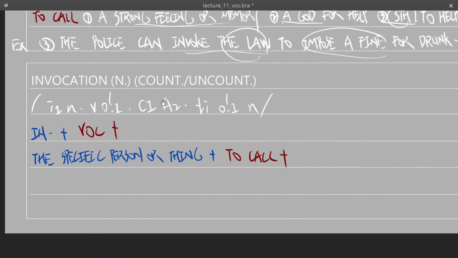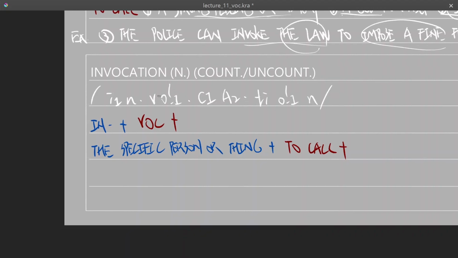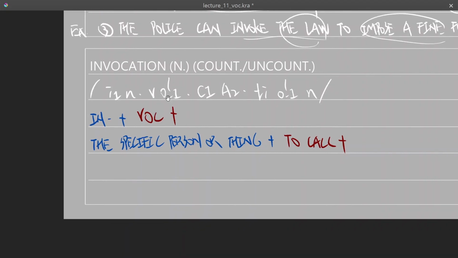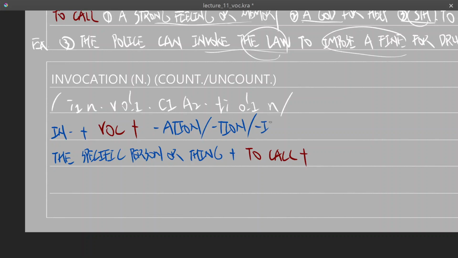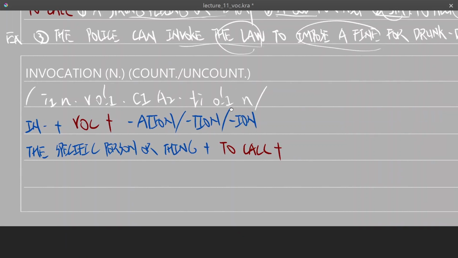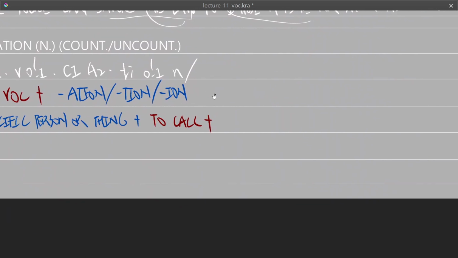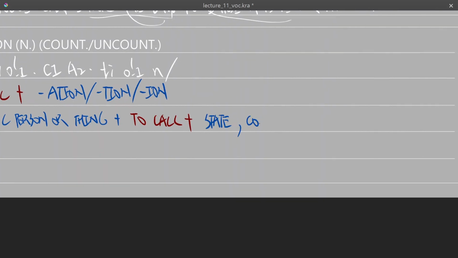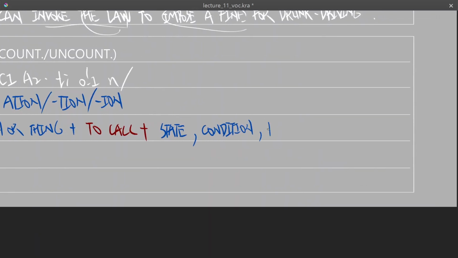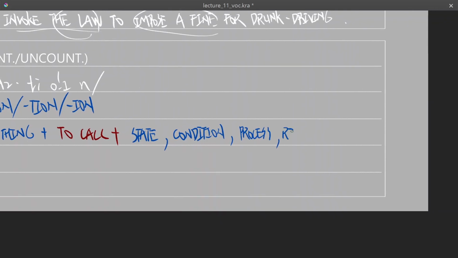And lastly, we have the suffix ation, with variants ion or shun, meaning state, condition, process, or result.